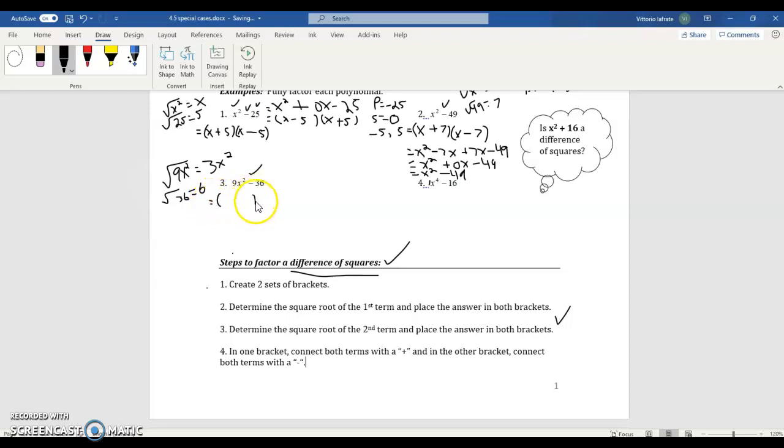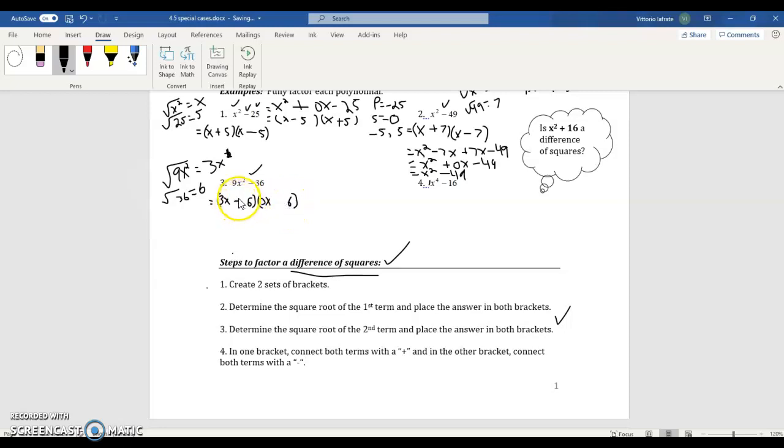So we have two brackets, find the square root of the first term. The square root of 9x squared is, oops, I shouldn't say 3x squared, I should say 3x to the power of 1, which is just 3x. So put 3x in both. And then the square root of the second term, which is 6, so we have 6 here.